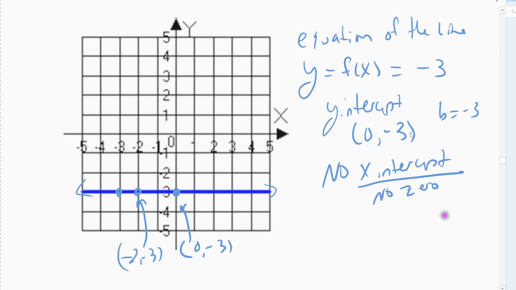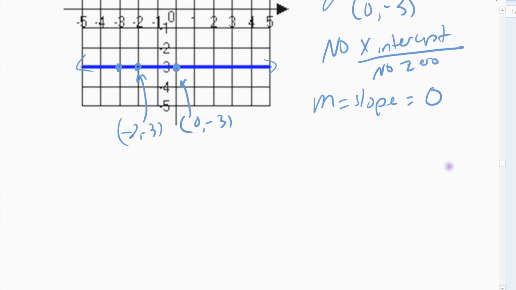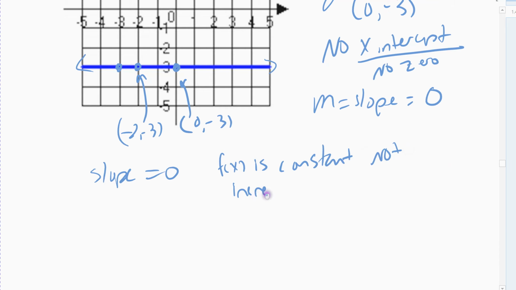It never crosses my x-axis. Slope, right? My slope is 0. Flat line is 0 slope. And the 0 slope is actually important. It's important that we understand what a 0 slope is. When my slope is 0, it means f of x is constant, meaning it is not increasing or decreasing.